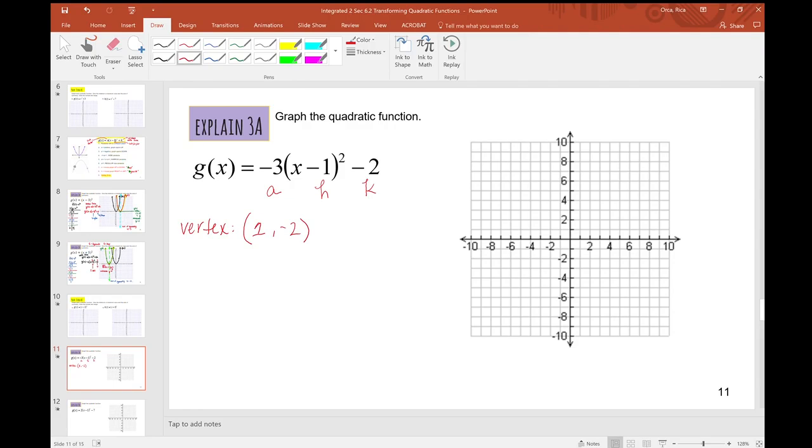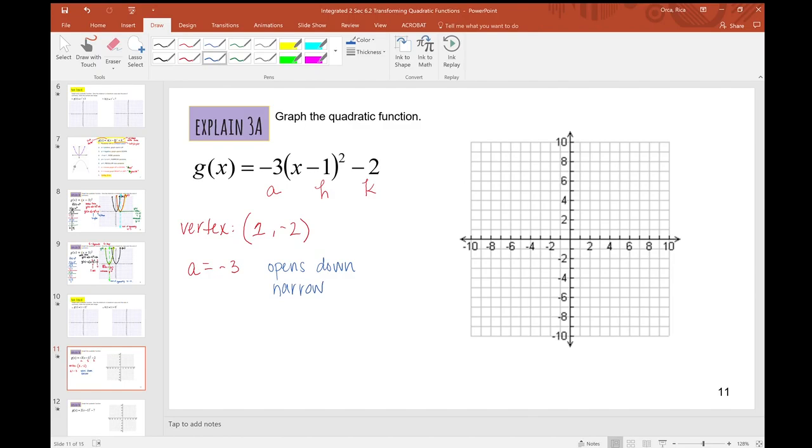We also need a, which is our scale factor, and our scale factor is -3. Without graphing the problem, I automatically know 2 things based off of the scale factor. I know that my parabola will open down, and because -3 is less than -1, the parabola will also be narrow.